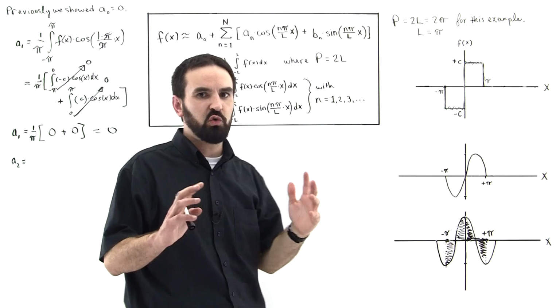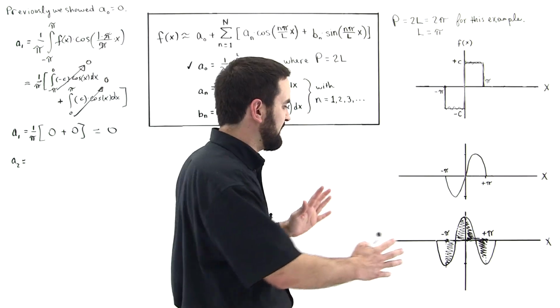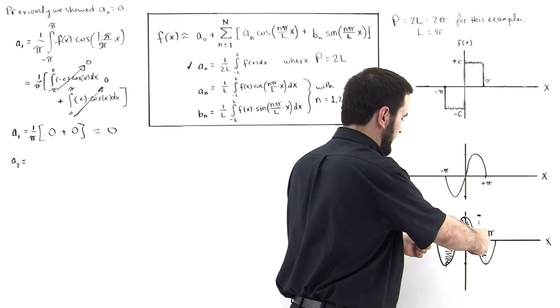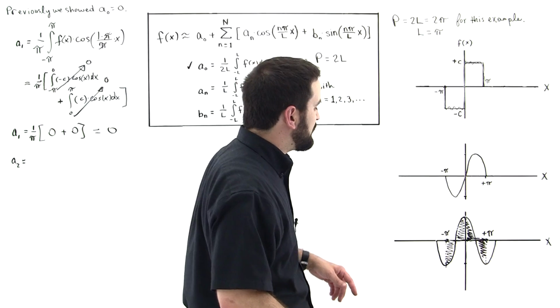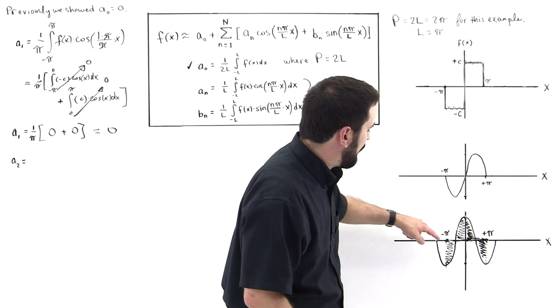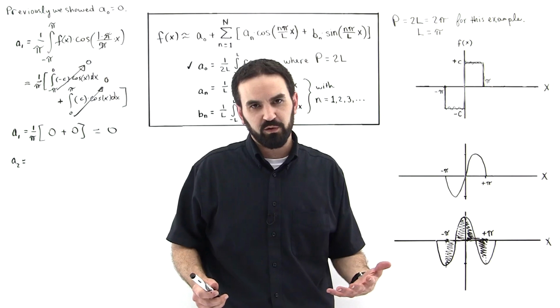Well, that means you're taking two wavelengths, two periods, if you will, and shoving them in to the same interval, right? To this interval from negative pi to positive pi. And whenever you do that, you're going to have this same business going on with the areas canceling. And those integrals are going to be equal to 0.